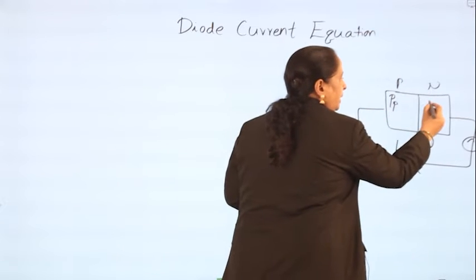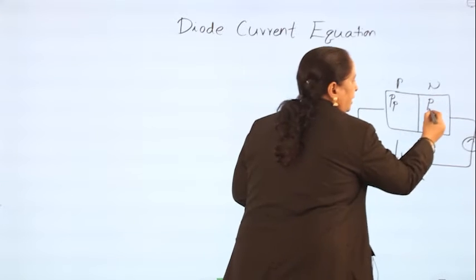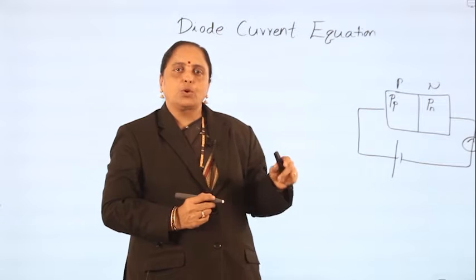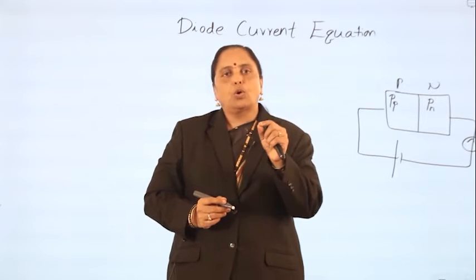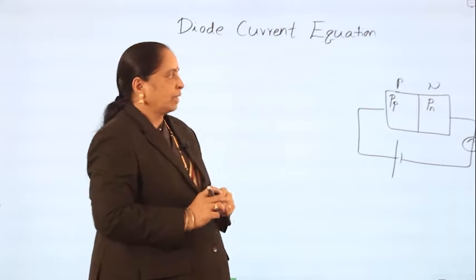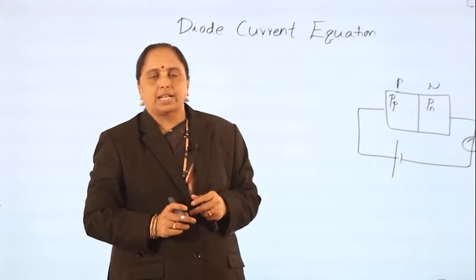In N material there are also holes, which are minority carriers in N region, P suffix N, that is the number of holes in N region. These are known as minority charge carriers, because in N-type semiconductor, electrons are majority charge carriers.